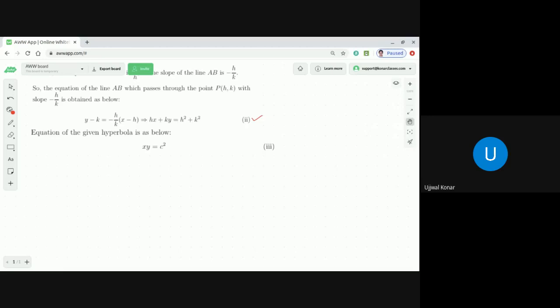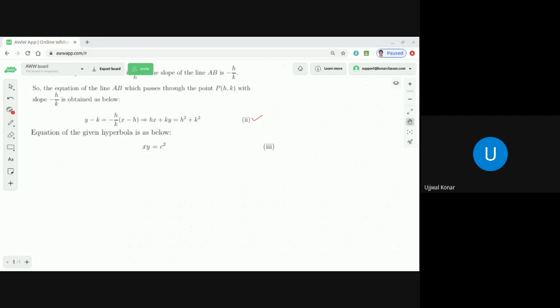So definitely if we solve these two equations, hx plus ky equal to h square plus k square, and the hyperbola xy equal to c square, we are going to get the coordinates of the points A and B. So now let's solve equations 2 and 3 and see what values we get for A and B.